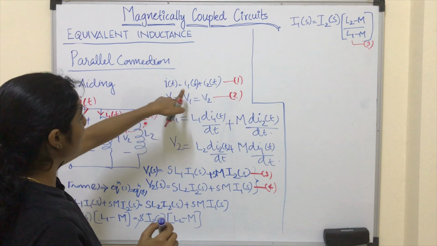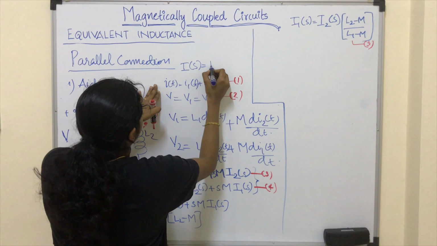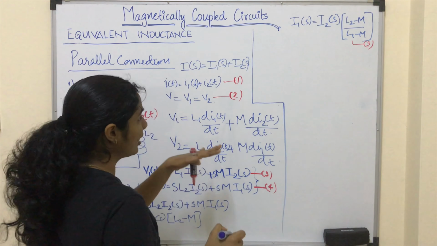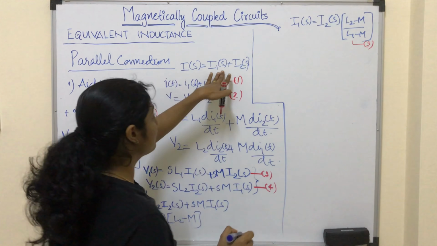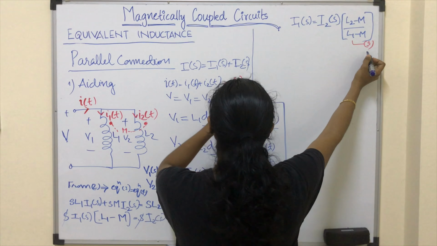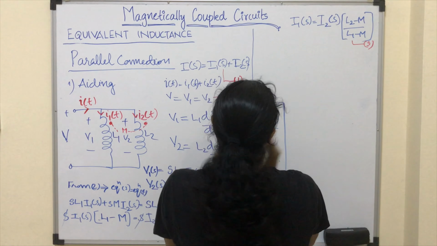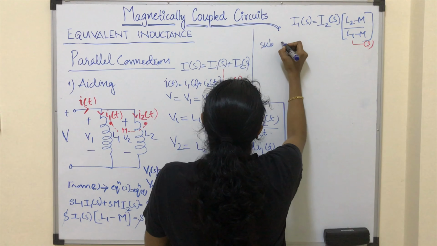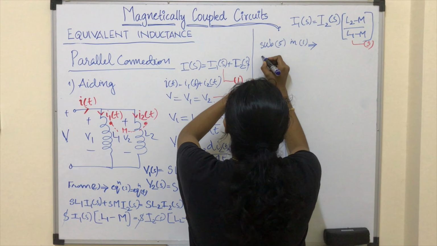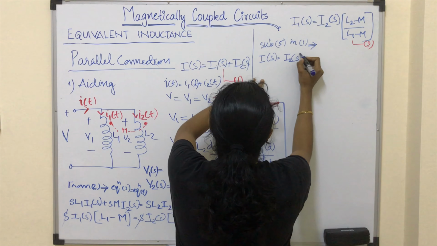And taking the Laplace transform of this equation, I of S is equal to I1 of S plus I2 of S. And we can derive I1 of S and I2 of S in terms of I of S. Substitute equation number 5 in equation number 1, so that I of S is equal to I2 of S into common.